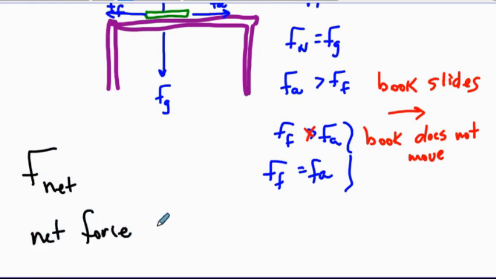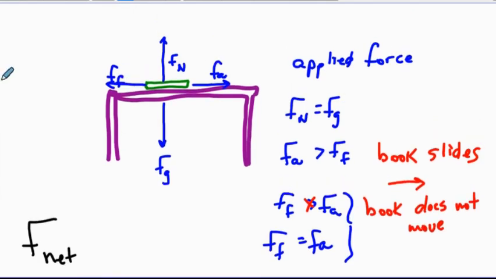And this is an overall picture of what happens. If all the forces are equal, the book does not move. If the forces are unequal, the book might move in one of the directions. Usually it's the direction of the applied force.